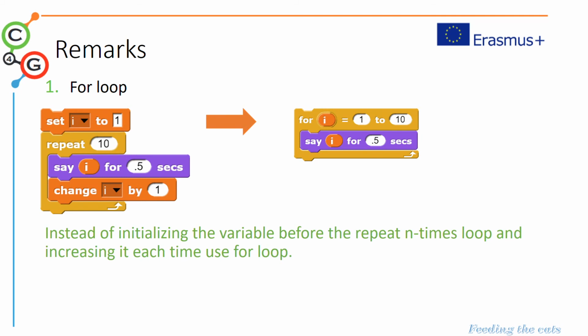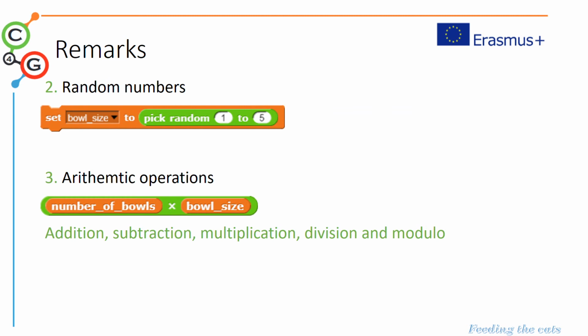Here are the new concepts we covered in this lesson. For loop can be used instead of loop repeat 10 times when the variable has to be increased every time. We assign random number as the value of the variable. Results of arithmetic operations, addition, subtraction, multiplication, division, and modulo can also be used as the value of the variable.